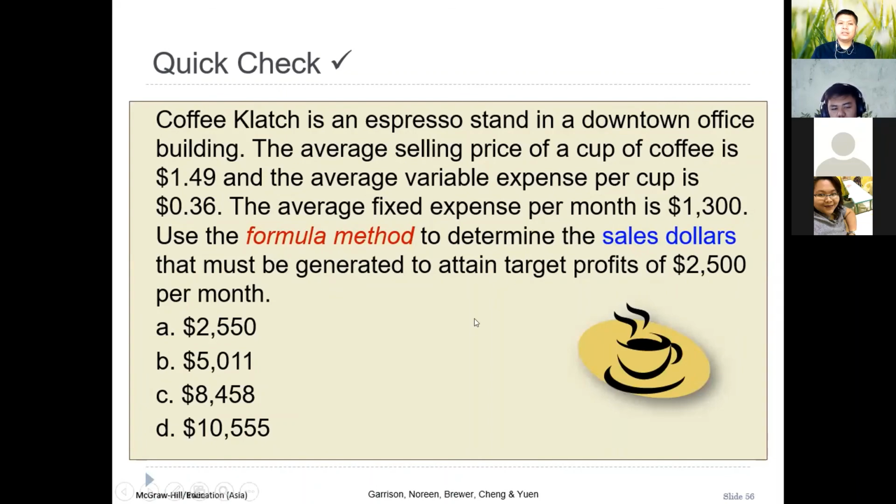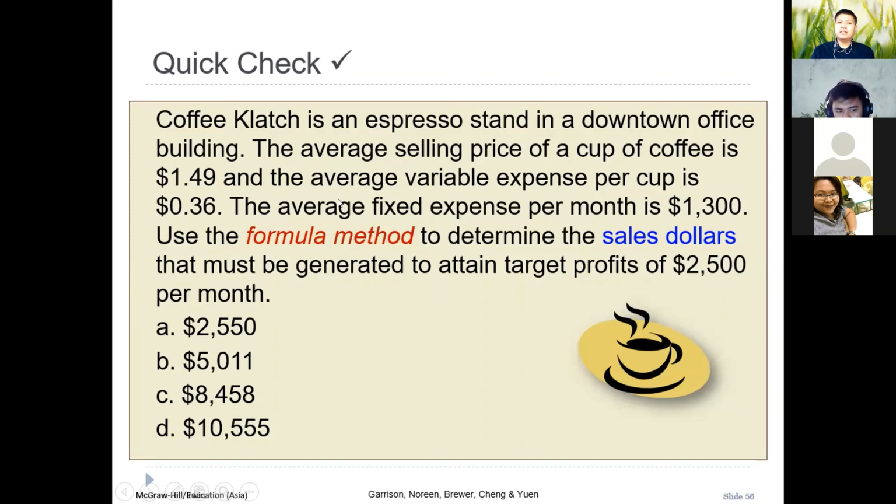Another quick check. O sabi niya, use the formula method to determine the sales dollars that must be generated to attain target profits of 2,500. Ano gagawin mo kapag dollars or pesos ang hinahanap? Siyempre, papalitan mo lang yung CMU ng CMR.